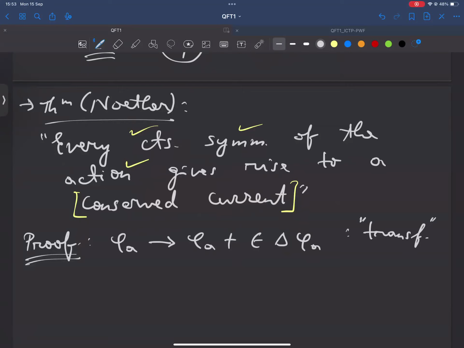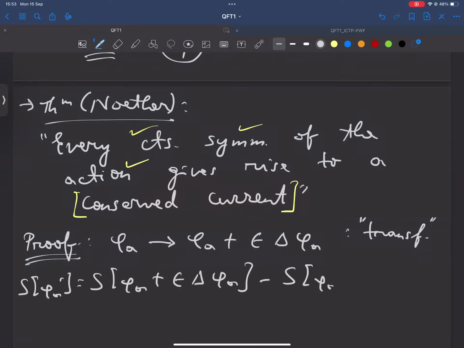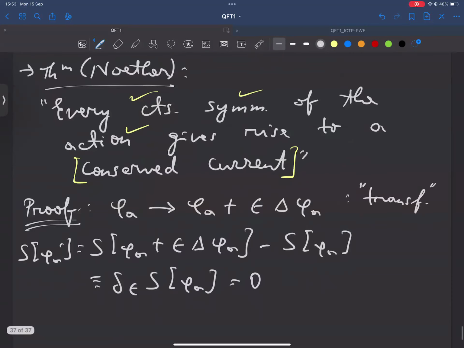So we want to argue that S of phi_A plus epsilon delta phi_A, that is S of phi_A prime, minus S of phi_A, which you can denote as delta_epsilon S, is 0. If this is true, then this transformation will be called a symmetry by definition.